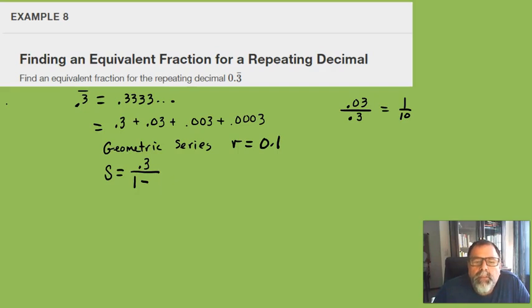So let's change this to 1/10, which equals 0.3 over 1 minus 1/10, which would be 9/10. And 0.3 is the same thing as 3/10. If we're dividing by 9/10, we're multiplying by 10/9. And then you can reduce this fraction, 3/9. You divide 3 out of both of those, so you get 1/3.